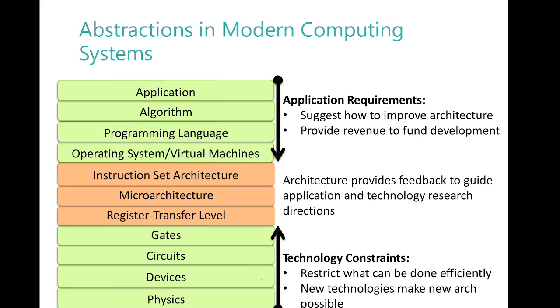So in between, architecture provides the appropriate feedback so that both the application and the technology can find a middle ground to achieve the desired goal. This is the contribution of architecture. You see that it plays a significantly important role in any application you think of.